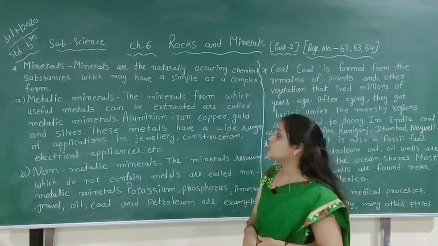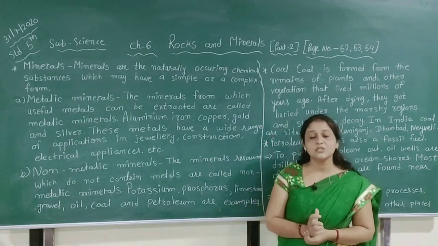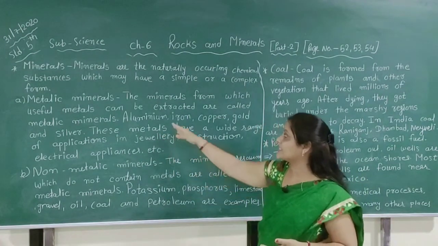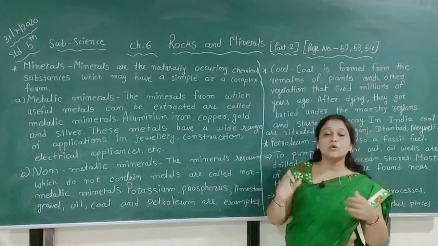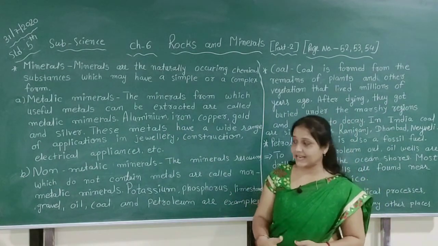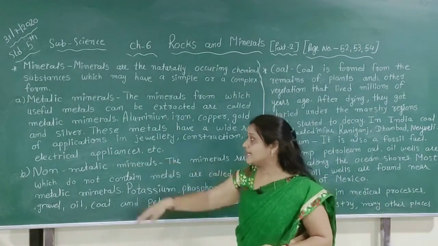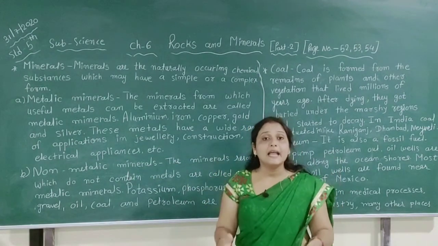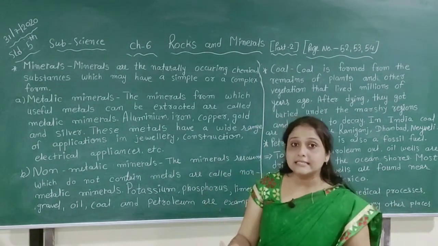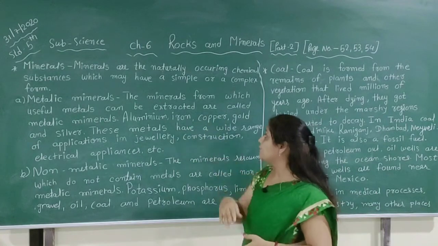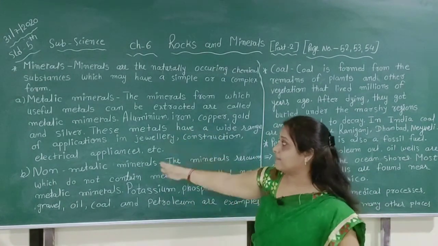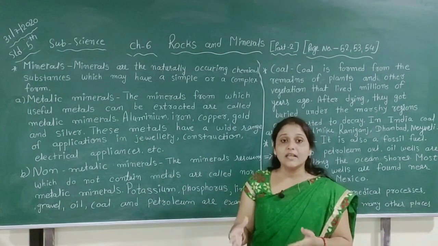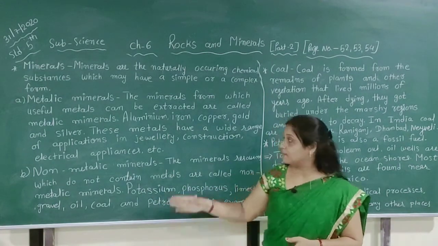Then metallic minerals are also used in construction. For example, aluminum, iron and copper are used at construction sites. In electric appliances you can see copper, aluminum and iron, with different features available in metallic minerals, so they are used in different ways.